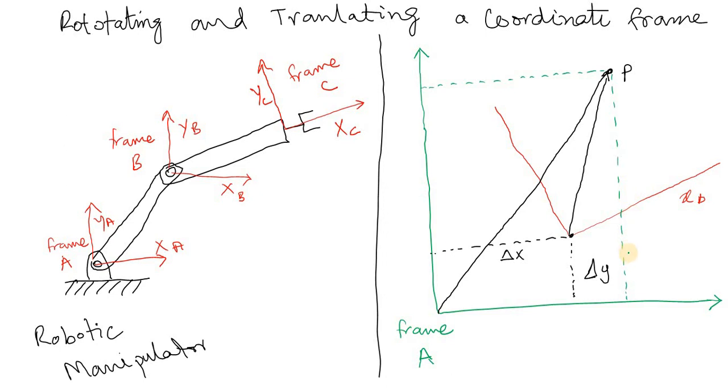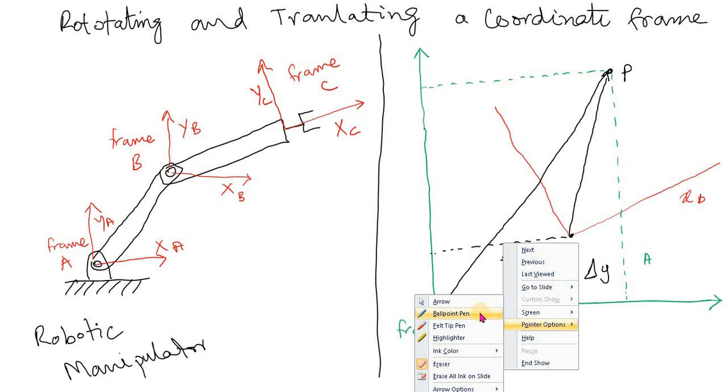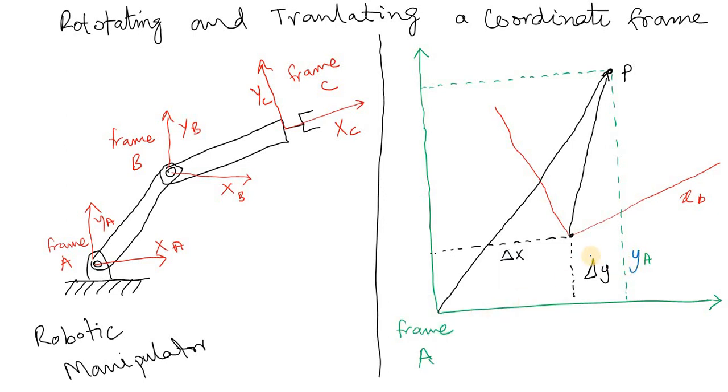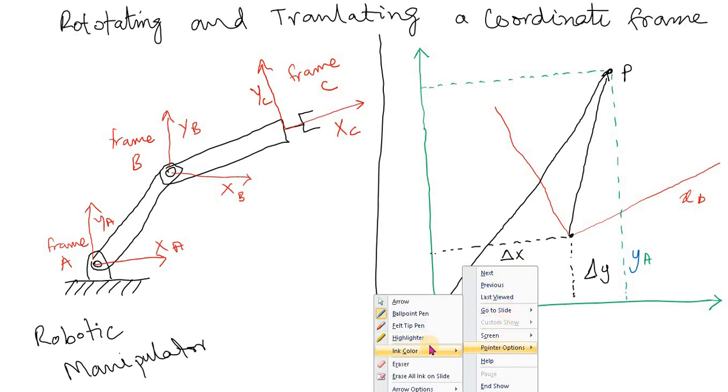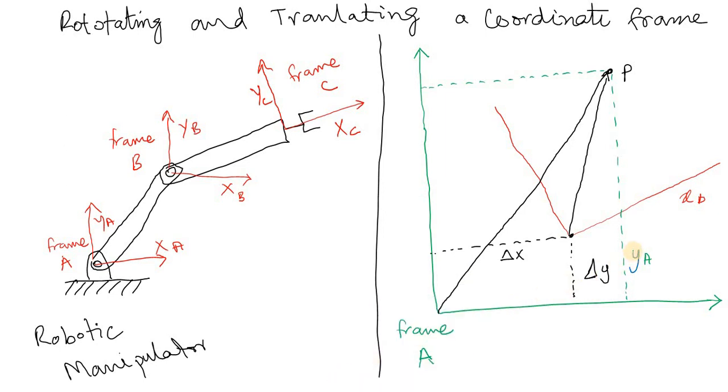So this is YA, and this is your XA. So we want to find its position in your frame A.